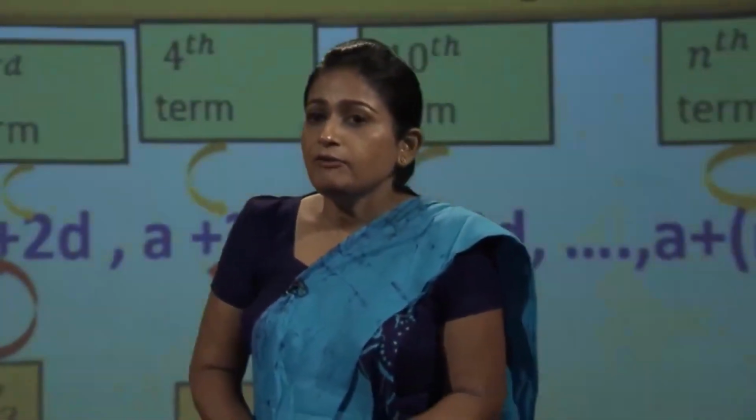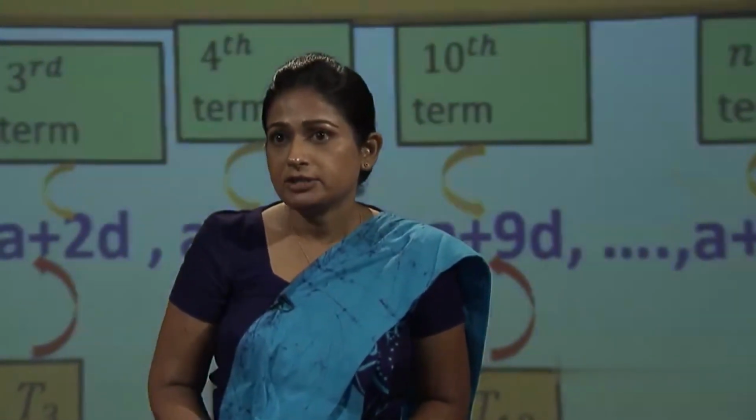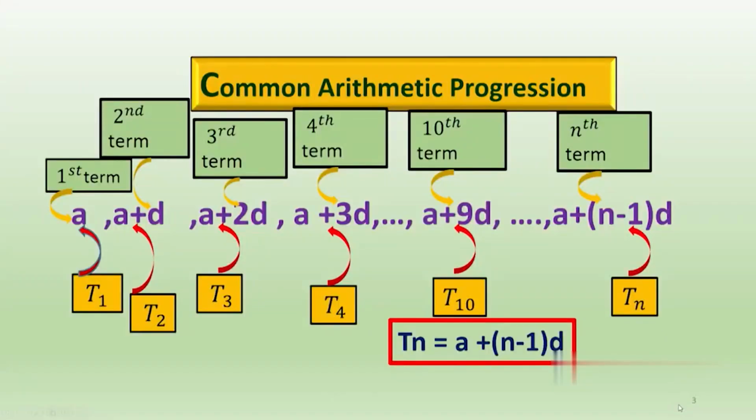Like that we wrote the common arithmetic progression. The last term can be named the nth term, which is a plus (n minus 1)d. Using that we derived the general term: Tn equals a plus (n minus 1)d. Those are the things we learned in our previous part.